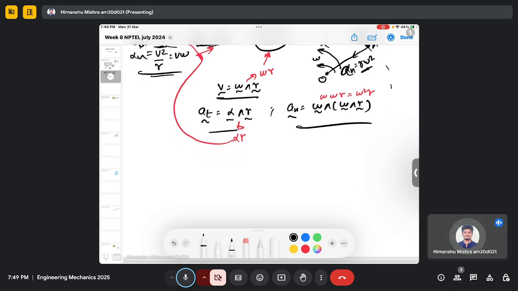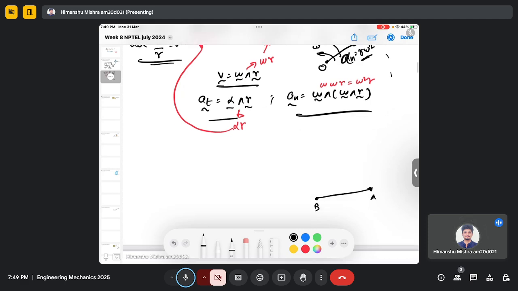Now there might be a problem where you are given 2 points and the 2 points have a different relative motion with respect to each other. For example, let's say you have a point B here and A here, and you need to find the velocity or the position of point A relative to point B, and both points B and A have a different motion.